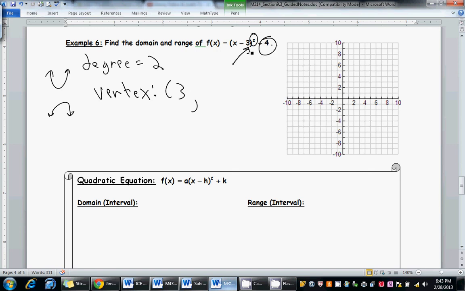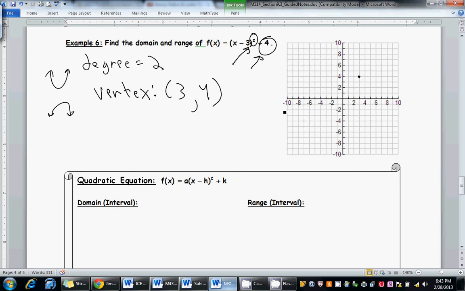The y-coordinate of the vertex comes from whatever value you have outside the parentheses. That's a positive 4, so it's a positive 4. So, vertex here is (3, 4), okay?